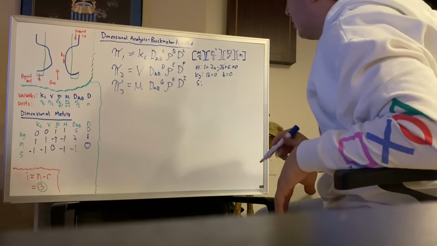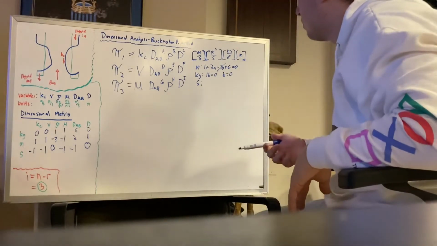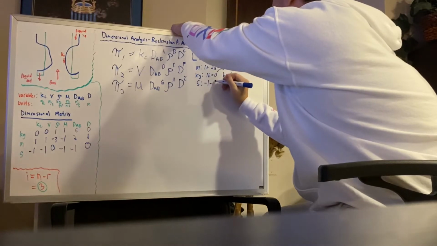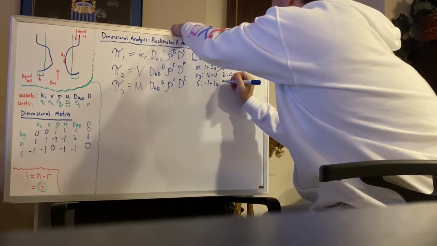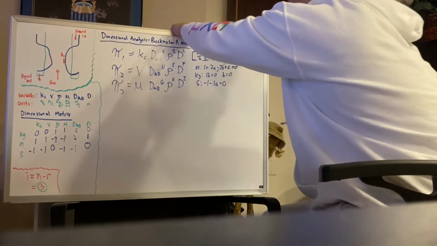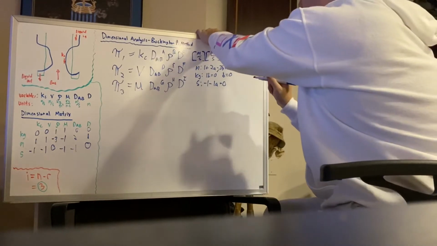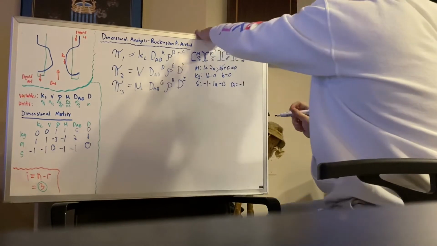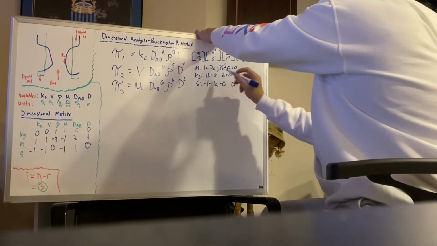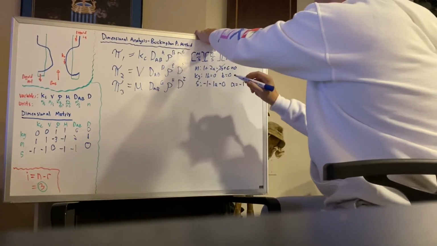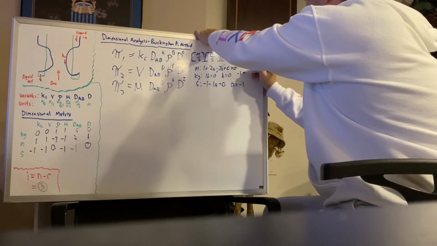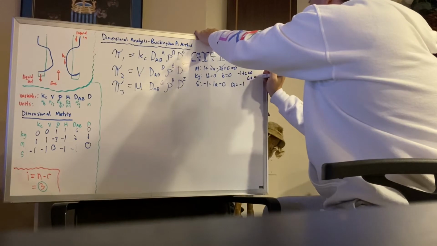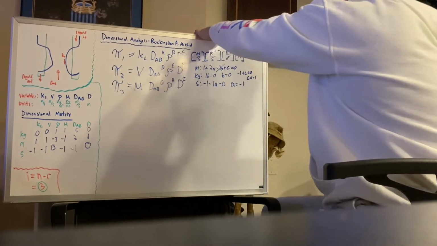Now the last one we have to do is look at the seconds, and once again it's going to be -1 minus 1A equal to 0, and A is going to be equal to -1. And so now that we have these values, we can again go through and find C, where this will be -1 plus C equals 0, and C is equal to -1 as well.